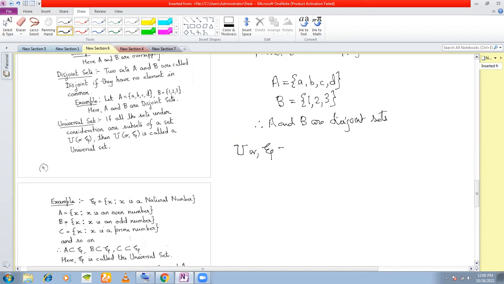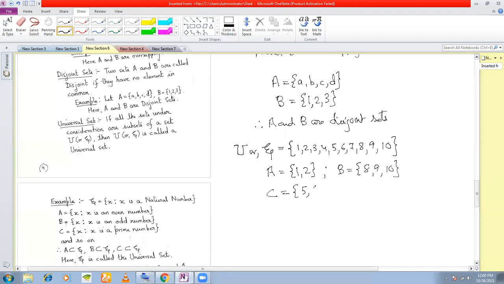Okay. Suppose I have Xi, and if I define the set A as, I define the set B as, and if I define the set C as, so what do you see?